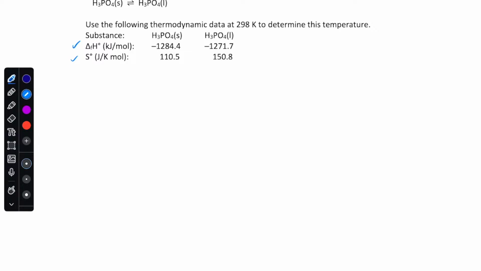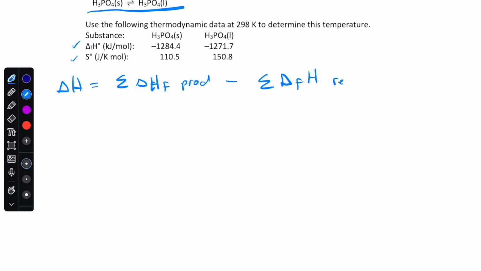And from that, we can calculate delta H for that process and delta S. If we have delta H and delta S, we can calculate delta G. So what we want to do here is get our delta H first of this reaction, solid to liquid. So that's equal to the sum of the delta H's of formation of the products minus the sum of the delta H of formation of the reactants.